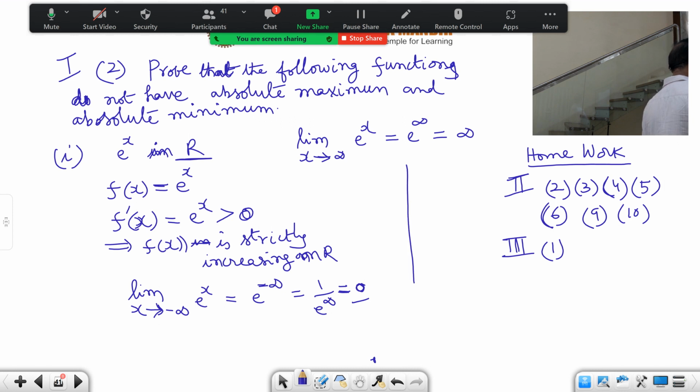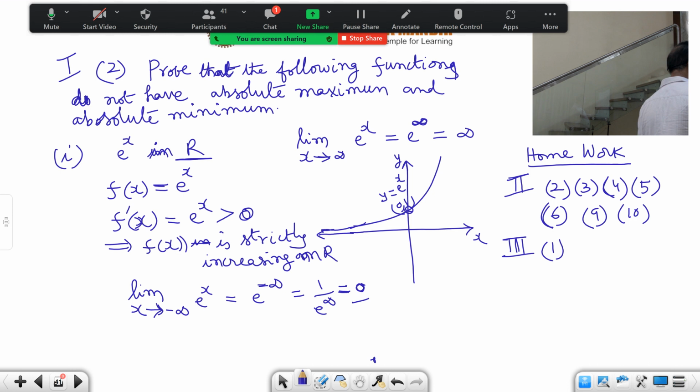Actually, the graph is like this. Y-axis, x-axis, y is equal to e power x. The point where it crosses the y-axis is 0, 1. When x is 0, y is 1. As you go to the left side up to minus infinity, the graph will be coming nearer and nearer to the x-axis.